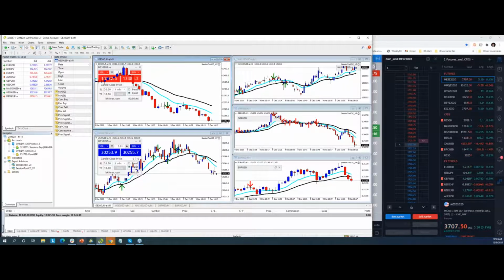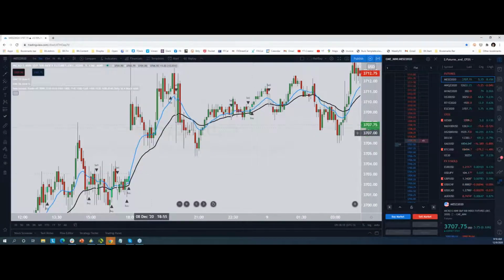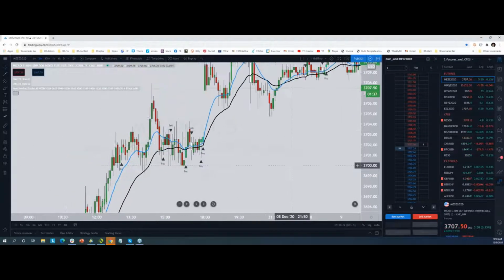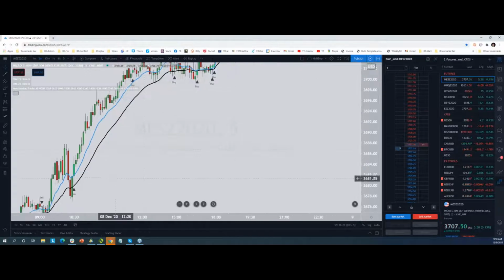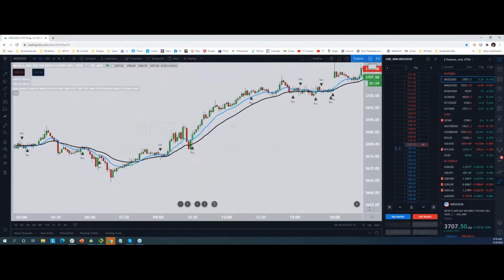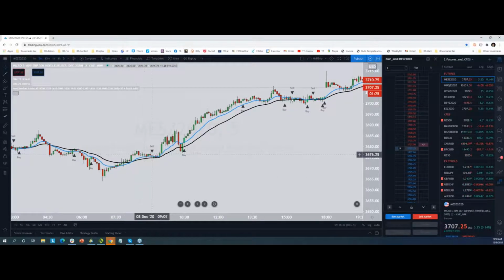But that's why I think ES is much more of a 5-minute candle thing. Here's the ES from yesterday, right? So you have uptrend, sell candle, broken out, super clean trade, just super clean trade.